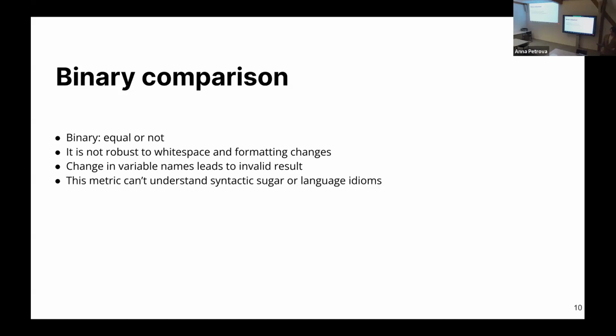So yeah, this leads to invalid results. And as I said earlier, this metric can't understand syntax sugar. For example, in Kotlin we have isEmpty, isNotEmpty functions. In Java and C++, we have implicit type signatures, for example, the out keyword or the by keyword in Kotlin, and so on.